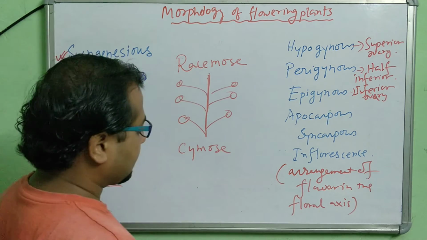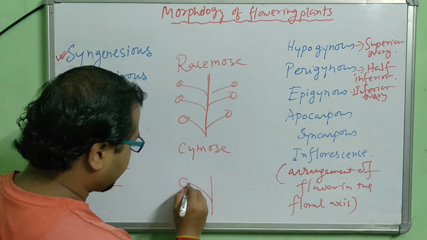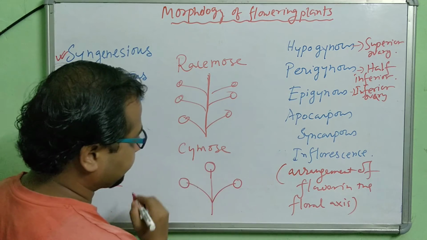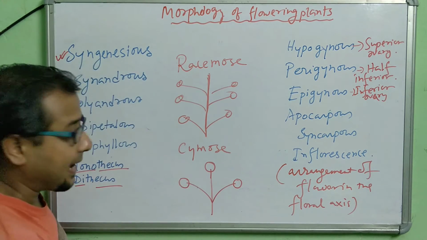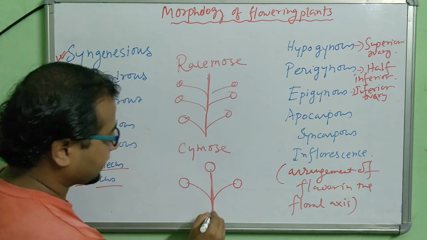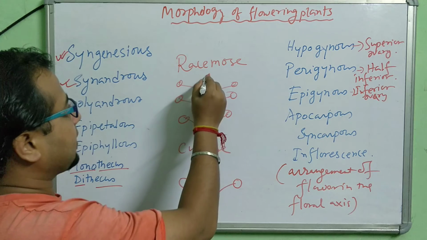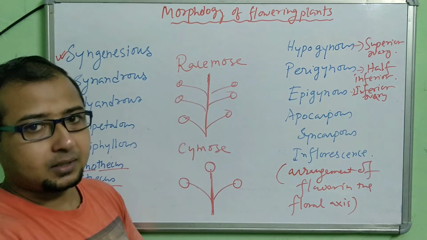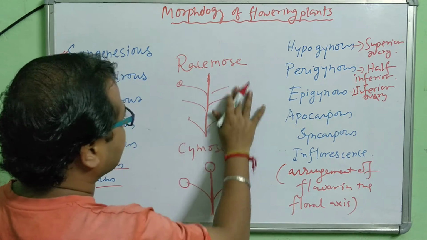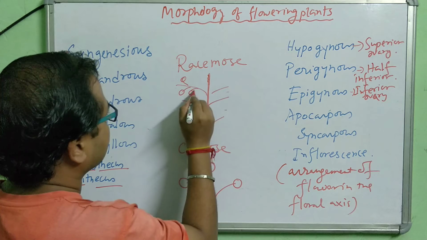Cymose inflorescence type is what? Where the flowers grow at the tip of the axis and it stops the growth of the floral axis. At the tip of the main axis, if you look at it, let me modify this arrangement a little. It doesn't actually look like this. It is like this, continuous.